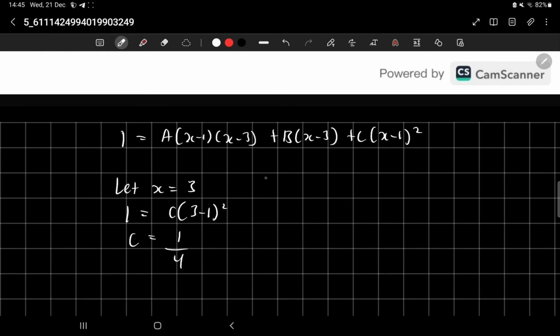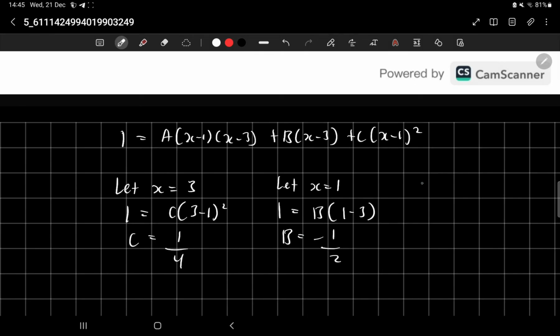How about if x is equal to 1? Then we are left with the term that has our b. So 1 is equal to b times (1 minus 3). We will get b is equal to negative 1 over 2.